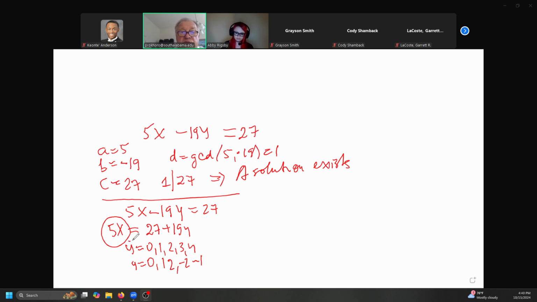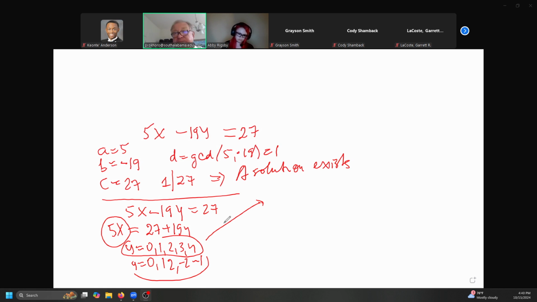So you can use these numbers. From this formula, find the value of y such that x is an integer.